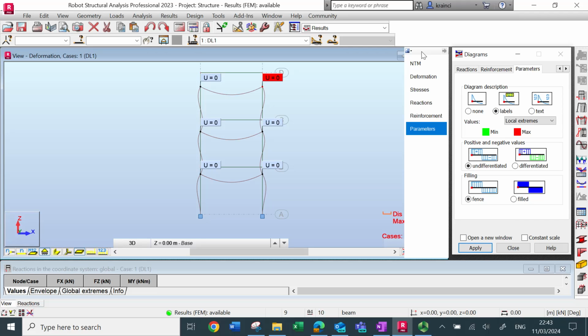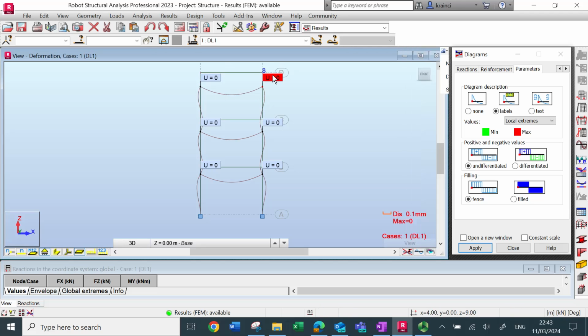So this is showing quite a small displacement due to the dead load. It's only 0.1 millimeter, but we don't care about this. It just shows that the dead load is actually applied.